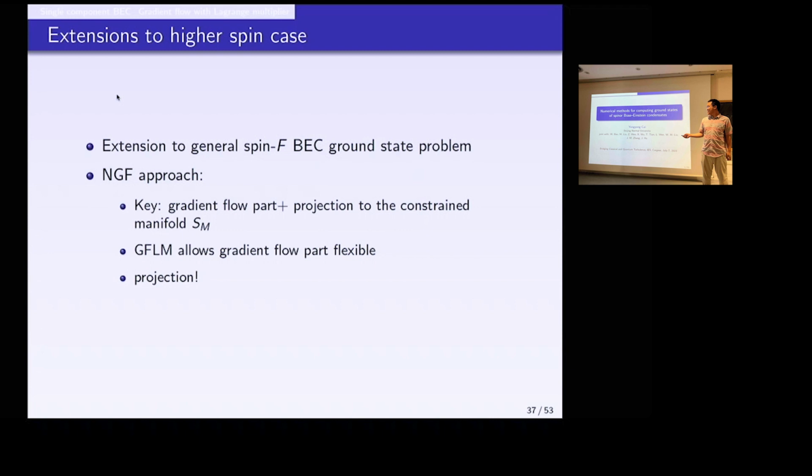For the gradient flow part, we already know that if we put the Lagrange multiplier into the gradient flow equation, we can describe the gradient flow part very flexibly. The only thing left to do for the extension to the general spin case is how we determine the projection constants.